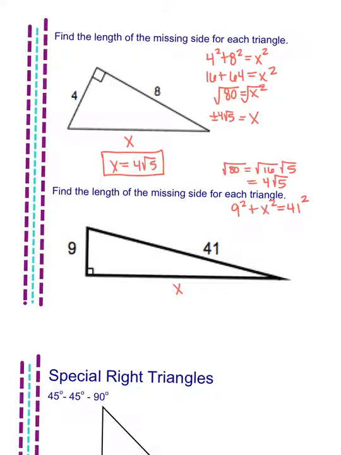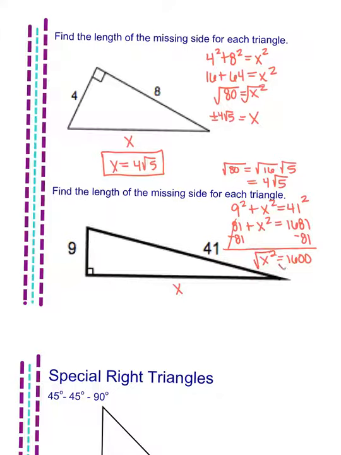So 9 squared is 81. 41 squared, I don't know, so I'm going to tap that out on my calculator quickly. I get 1,681. So this is actually going to be very convenient. Now to solve for x squared, I have to subtract the 81, giving me 1,600.